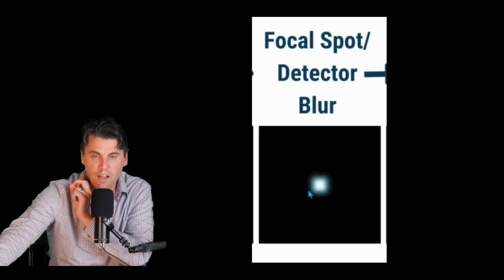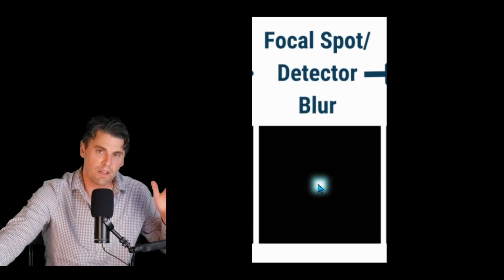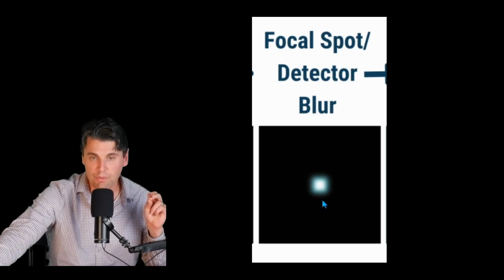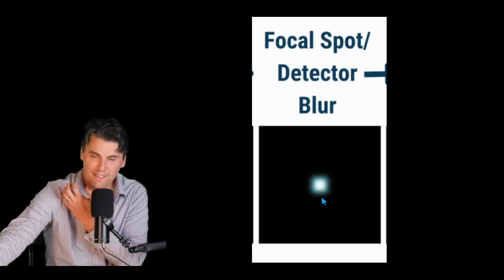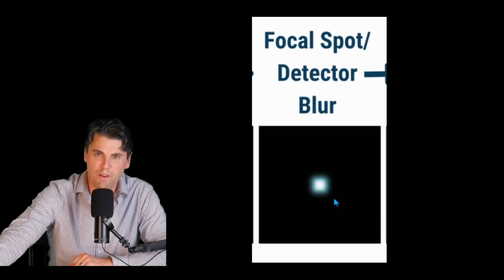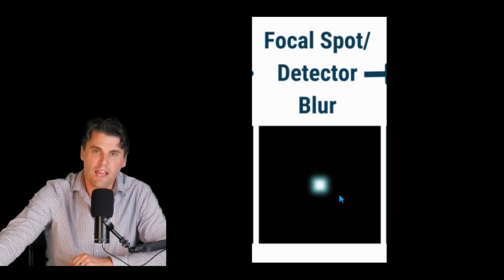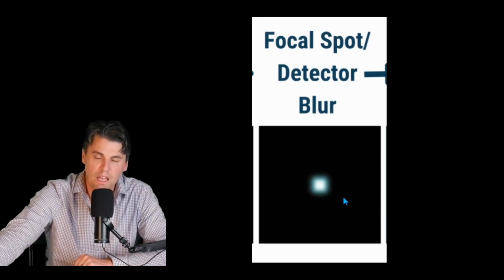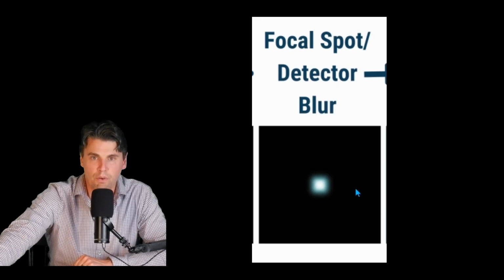In the case of the focal spot, you can adjust the focal spot. You can trade off to get the smallest focal spot, or the highest resolution, for tasks such as joint imaging, where that is very important. And in areas where you're trying to make it through very large anatomy, you may need to use a larger focal spot.